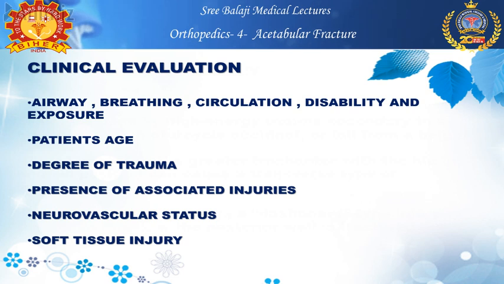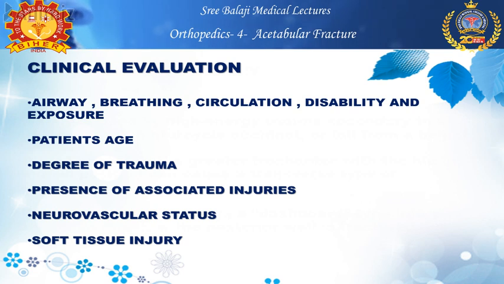Neurovascular status is very important, as the posterior venous plexus lies close to the sacroiliac joint. So associated pelvic fractures can cause neurovascular problems. And as I told you, the corona mortis artery lies close by, along with soft tissue injuries.